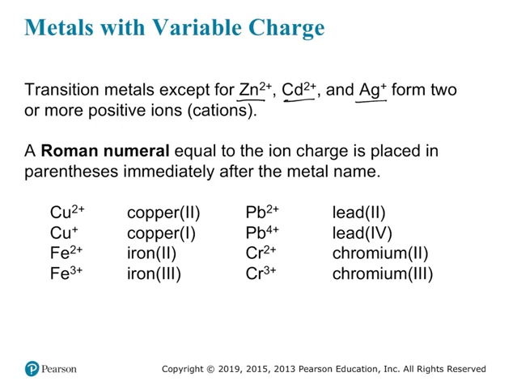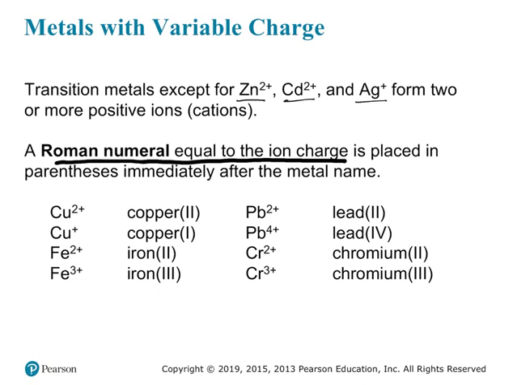So how do we indicate that in the name? Because we should indicate what the charge is. That's going to have a huge effect on the chemical formula for a compound. So what we do is we write a Roman numeral equal to the ion charge. And we put that in parentheses right after the metal name. So a few examples are given below.